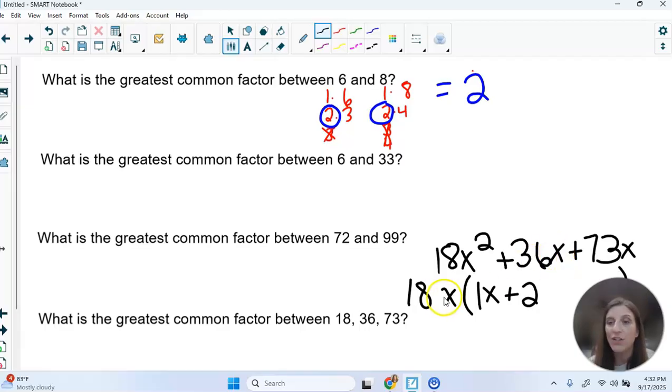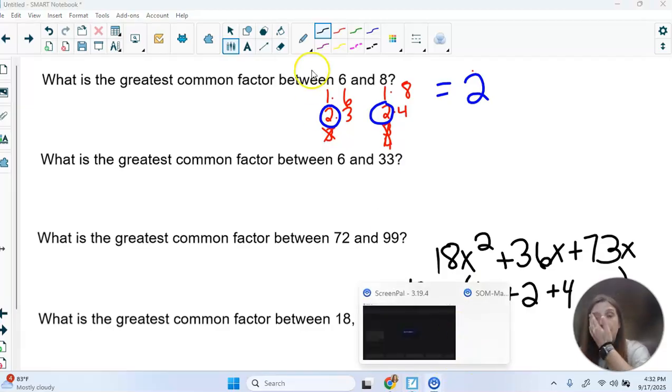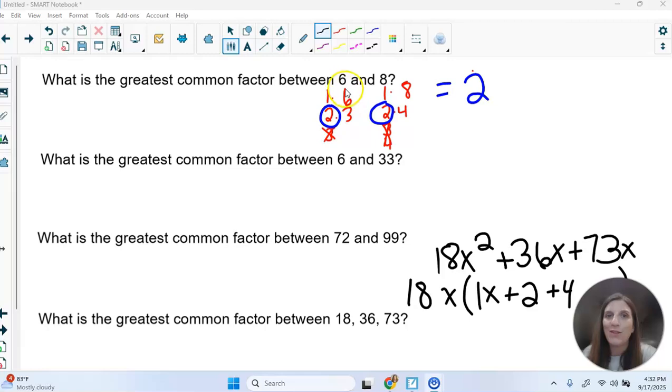If you had an x and you took away an x, there's no more x's left. And then 72 divided by 18 was 4. We had an x, we took it out, there's no more x's. This is how you could factor out the greatest common factor. And that is one of our very common factoring methods that we're going to be using. So finding it in Desmos just really helps make it easier.